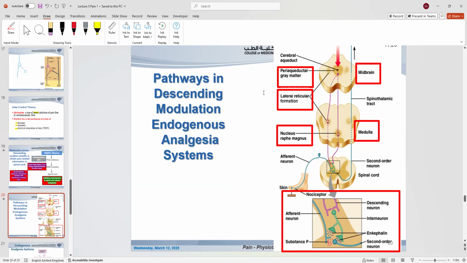And this NRM further stimulates an inhibitory interneuron in the spinal cord. This is enlarged here at the bottom. So what do you see? There is an interneuron. This is the inhibitory interneuron that is stimulated by this pathway. And this interneuron releases a neurotransmitter which is called enkephalin.